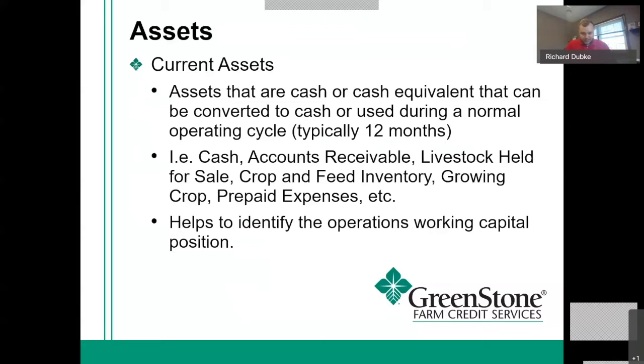Examples would be things such as cash, checking and savings accounts, accounts receivable, livestock held for sale, crop and feed inventories, growing crop, prepaid expenses, and so on. This is one half of the financials that are needed to help identify an operation's working capital position.